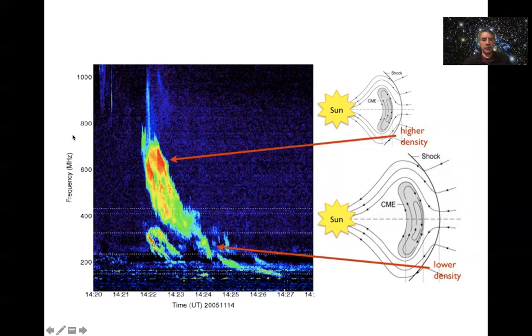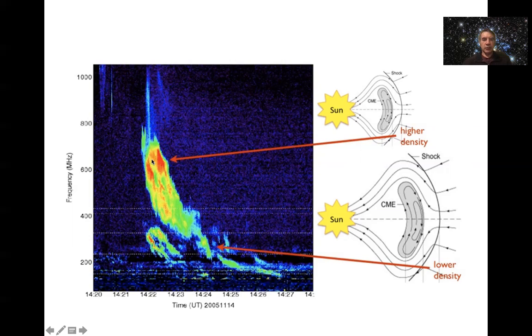And so you can see that in this dynamic spectrum here again. Early on in time, the emission is up here at about 700 megahertz and quite strong. But again, over a short space of time, 2 or 3 minutes, the frequency has dropped down to about 300 megahertz and continues to drop.